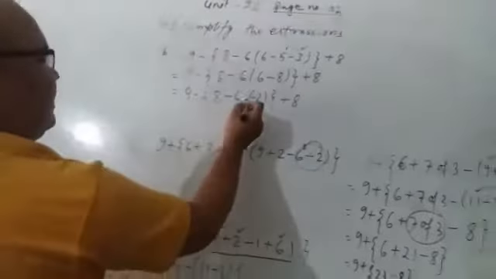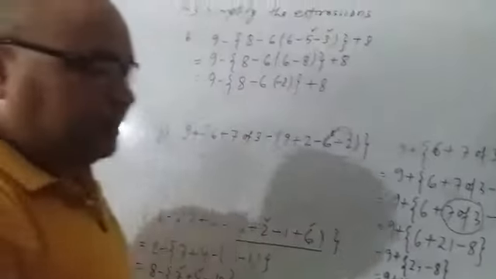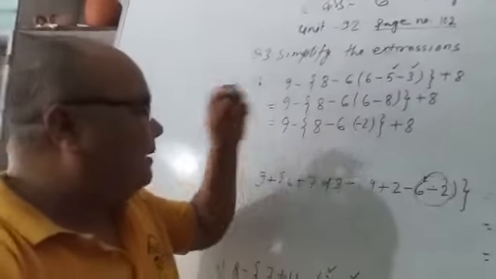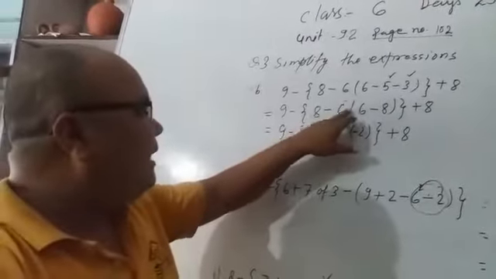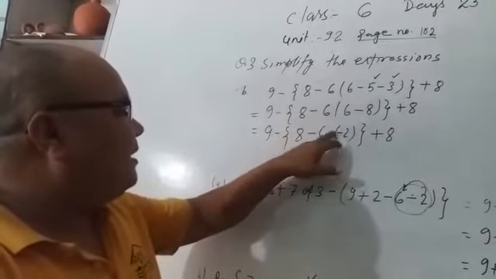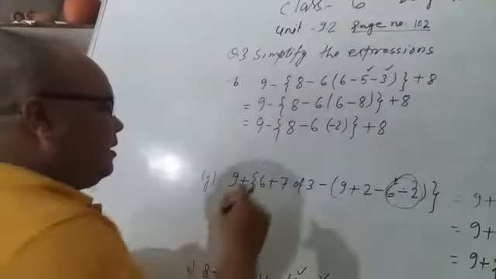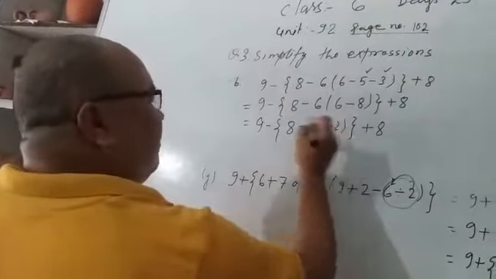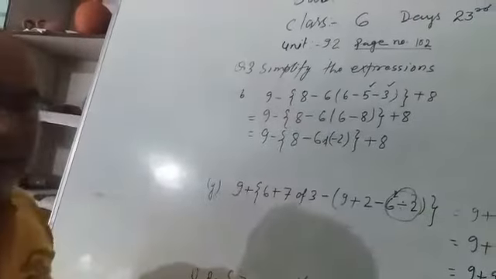So when the negative number comes here, at that time no sign appears, at that time there is an "of".